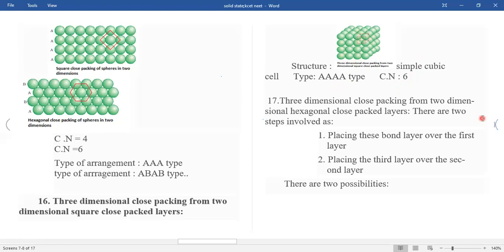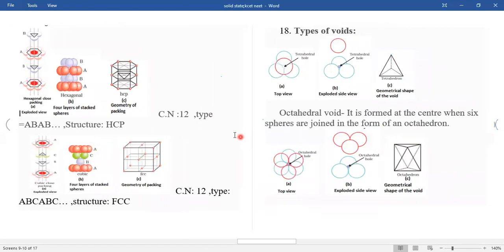Okay, so there is another way of arrangement. See here, hexagonal close packing. 2-dimensional hexagonal close packing is taken and that is repeated in a 3-dimensional way. Which type of arrangement, dear students? AB, AB, AB type of arrangement. When I arrange this in an AB, AB type of arrangement, what will it generate?